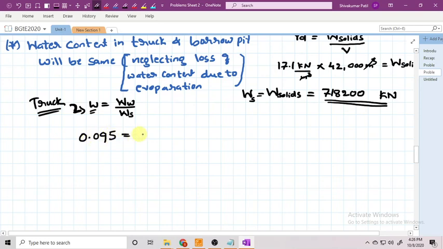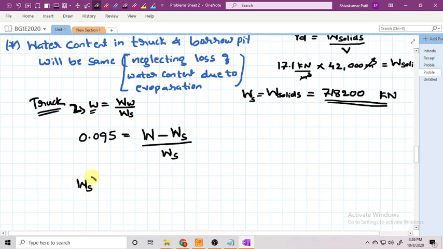So 9.5% means in decimal 0.095 equal to weight of water in the truck, which is nothing but total weight minus weight of solids divided by weight of solids. Everything here is in the truck.